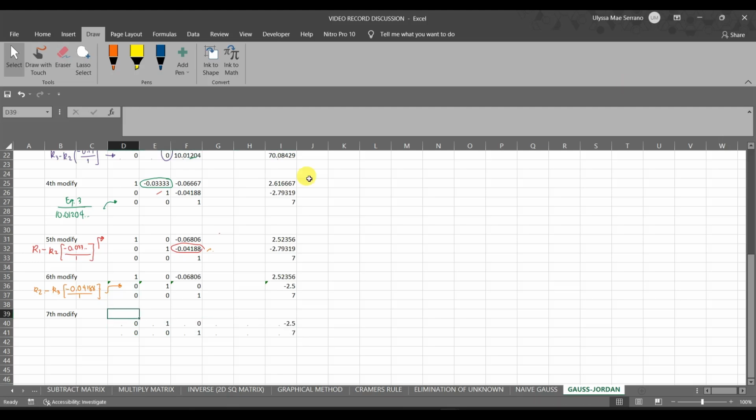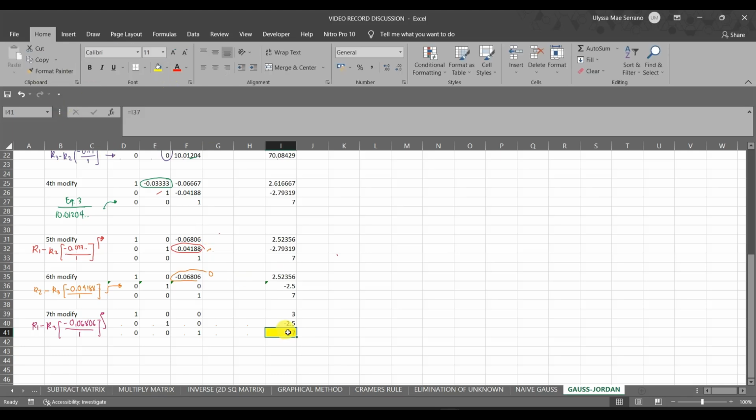What we're going to do is make this value 0. Row 1 minus row 3 multiplied by negative 0.06806 divided by 1, para hindi mabago ang data selected. So, using Gauss-Jordan, we were able to find the values of x sub 1, x sub 2, and x sub 3 in an identity matrix.